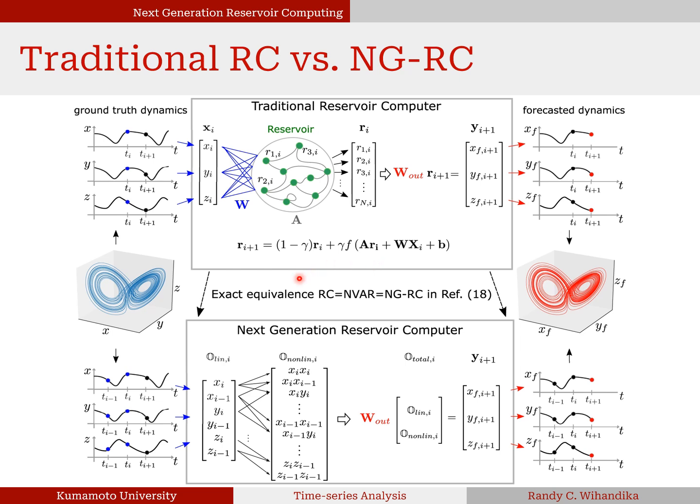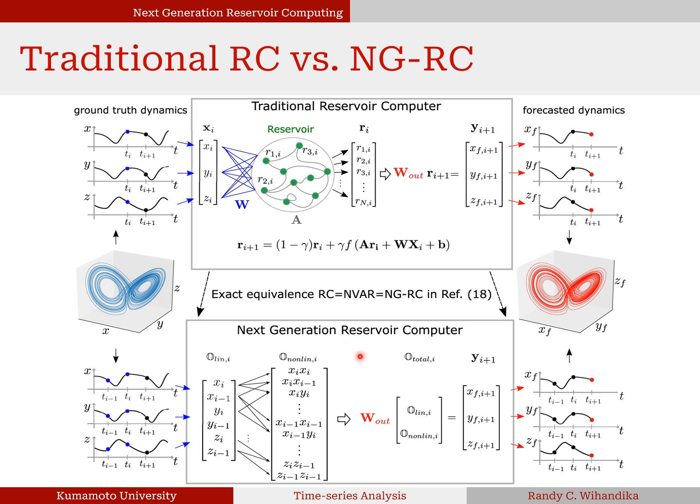While in the NGRC, from the input, we directly calculate the O linear vector and then the O nonlinear vector, then we form the feature vector, the O total, and then we can calculate the final output, the Y, without involving the matrices W, A, the bias, and so forth.